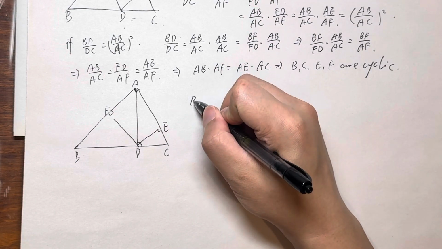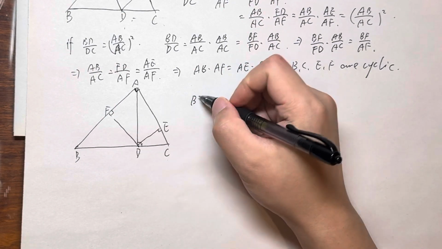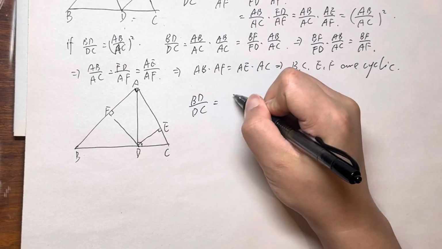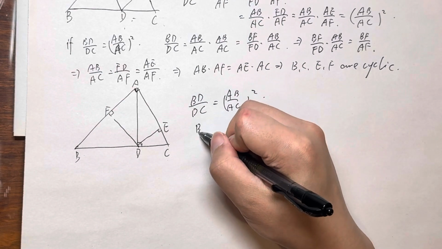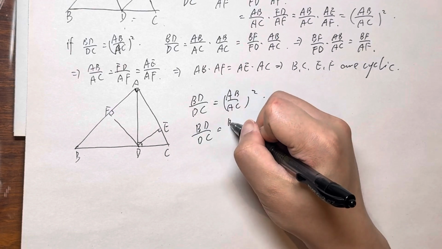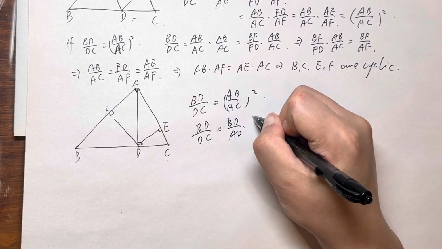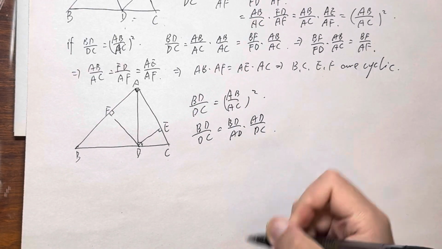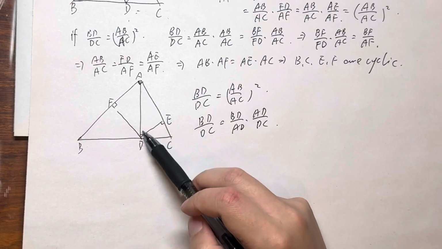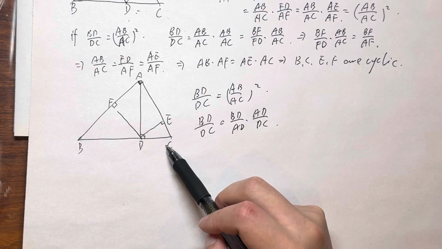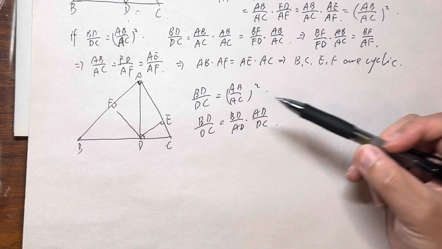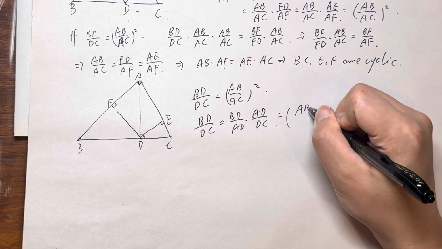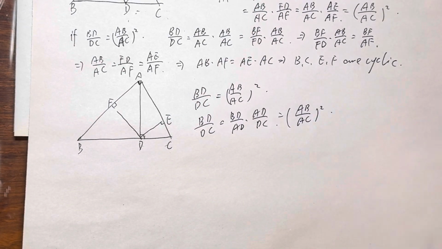We just need to prove that in this right triangle, BD to DC equals AB to AC squared, right? And BD to DC equals BD to AD times AD to DC. And we know that BD to AD equals AB to AC, AD to DC equals AB to AC. So this equals AB to AC squared.